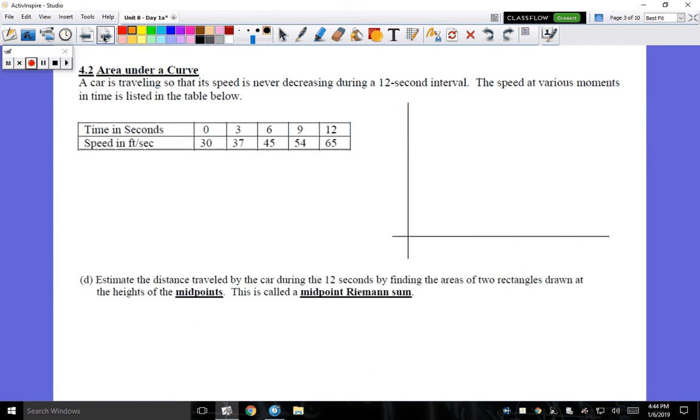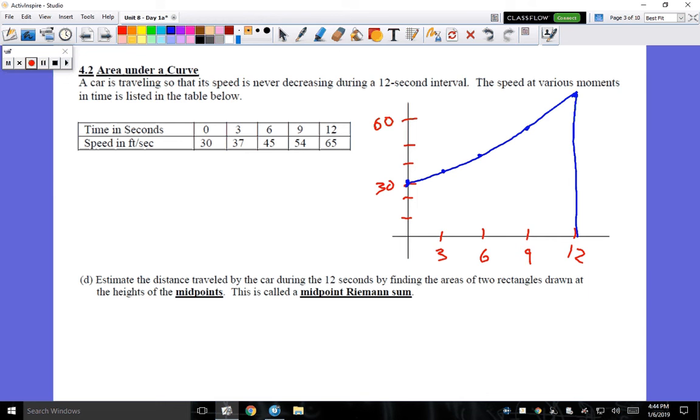Let's now look at the midpoint Riemann sum. Okay, just real quick, I'm going to quickly go 3, 6, 9, and 12 just to get the graph. 30, 60, and then we have 0, 30, 337, 645, 954, and 1265.